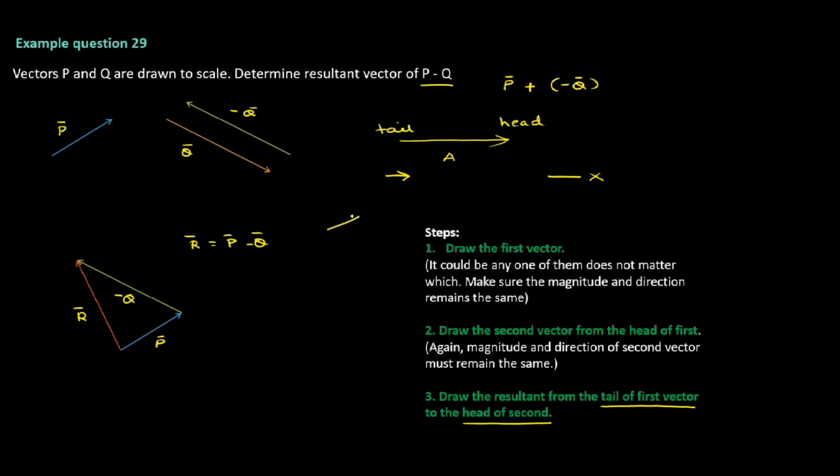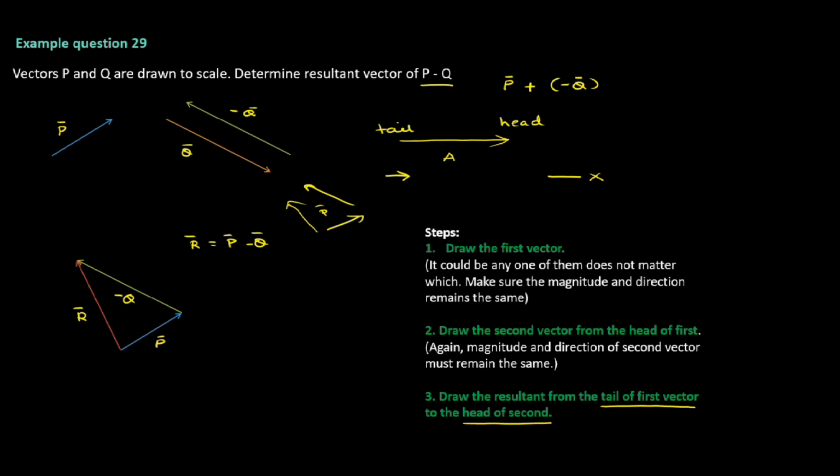Like I cannot draw P bar and then Q bar, which is not touching P, and the resultant like this. This is not correct. It must be a closed figure. Vector negative Q must start from the head of P, and the resultant must start from the tail of the first vector and go until the head of the second.